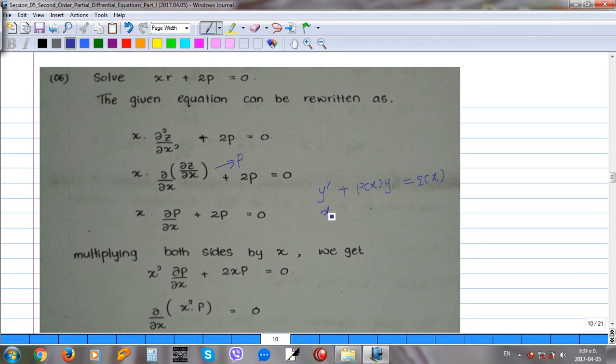Then I am writing x dash plus p of p equals q of p, right? So then p dash is there, and here we need x, right?